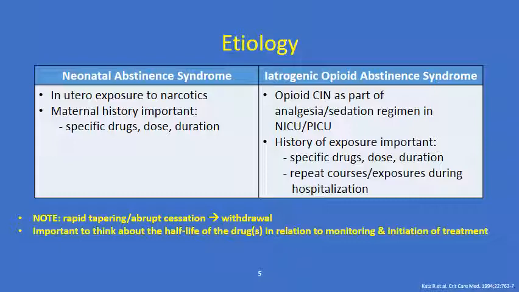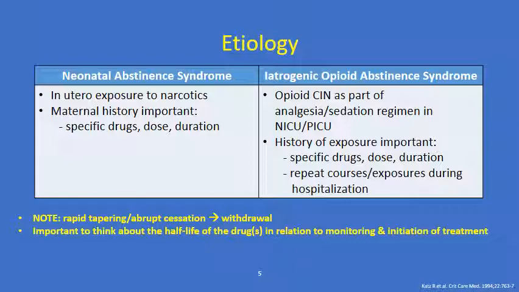One of the other things that's important to think about is the half-life of the drugs in relation to monitoring and really starting treatment. And what I mean by this is, say we had a patient that was exposed to narcotics in utero. It may stay in their system for a little while, so we may not expect them to show signs of withdrawal immediately, but it could be a couple days or days later that you might see it.